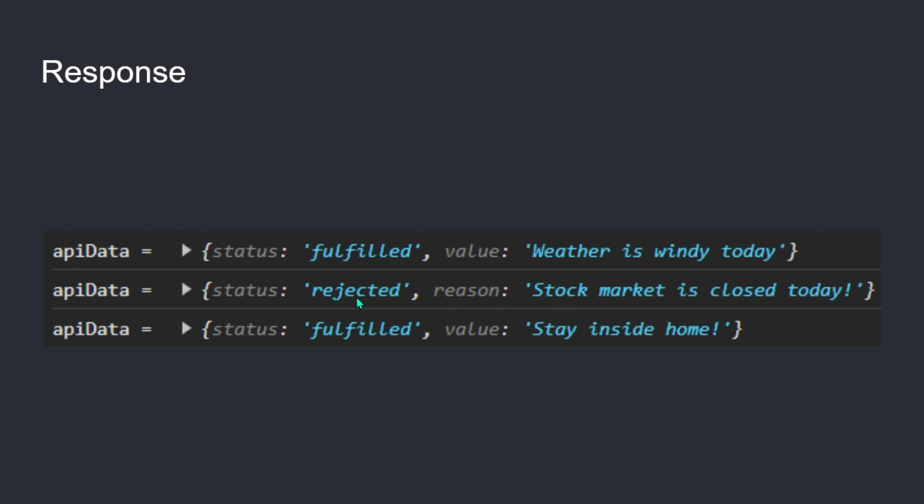Here we get status as rejected, and for the first API we get status as fulfilled, and the data held by that particular promise we get through the value property. The third one is related to news. The news API is also successful, so we get status as fulfilled, and the data returned by that API function we get through the value property.